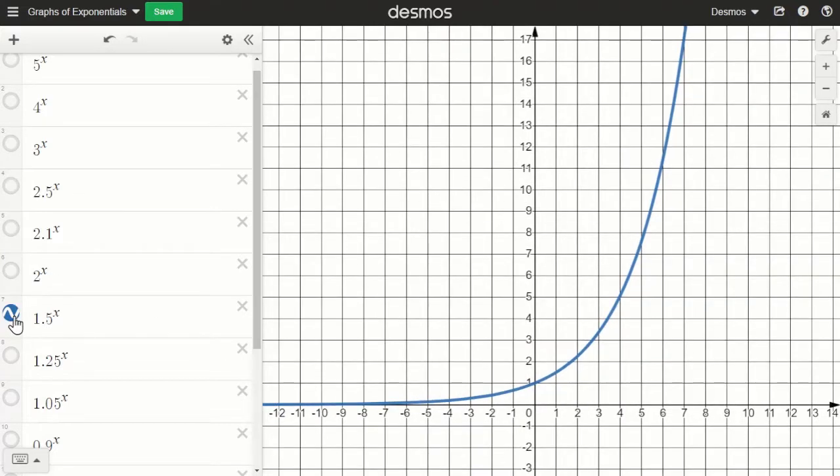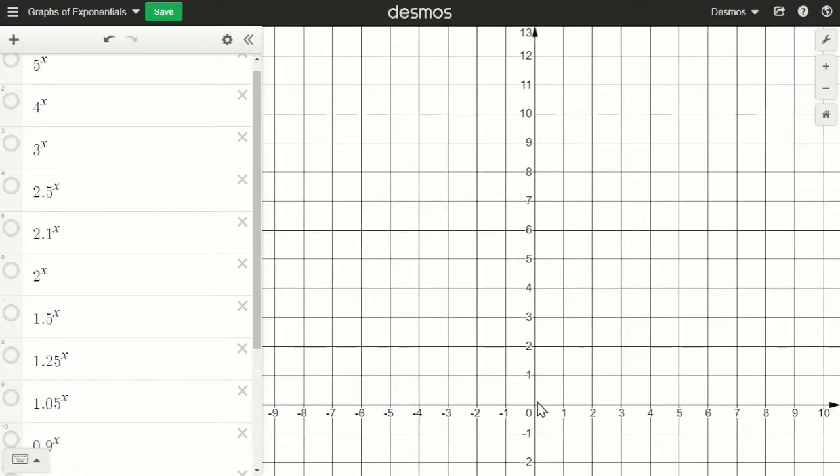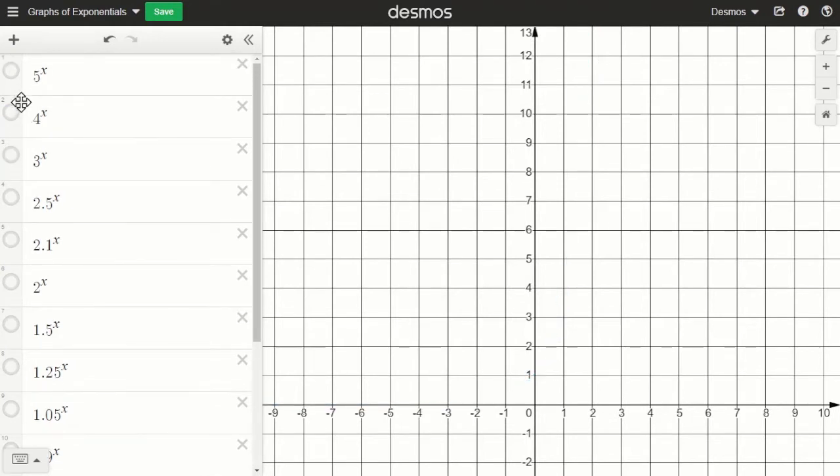Now I can quickly turn on the other graphs: 2 to the x, then 2.1 to the x, then 2.5 to the x, then 3 to the x, then 4 to the x, and 5 to the x.